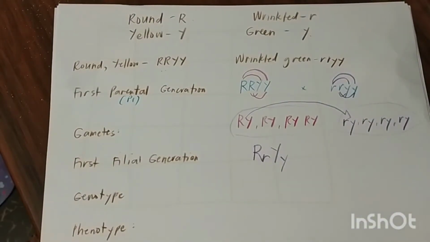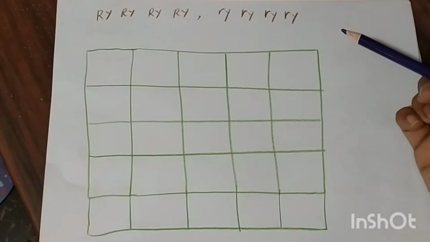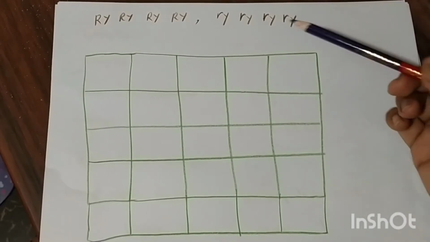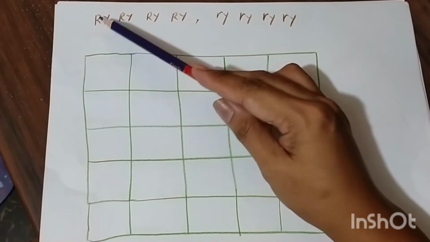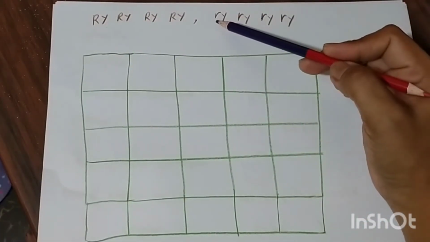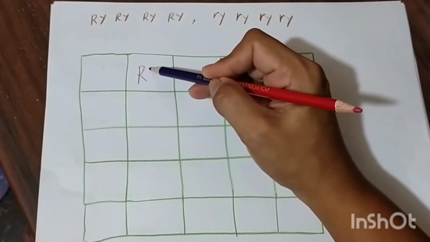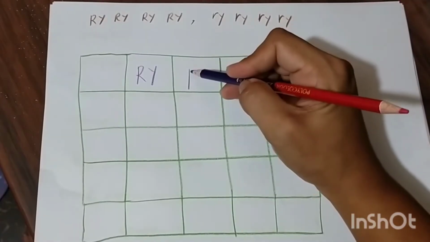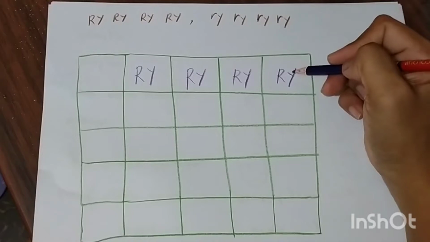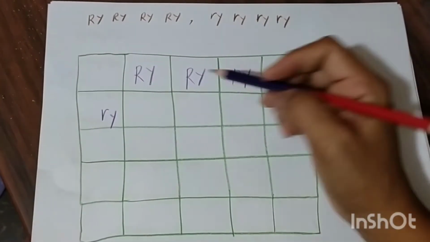So let's get into details by using the Punnett square. Remember that the gametes of the round yellow seeded plant are capital letter R and capital letter Y, while for the wrinkled green you have small letter r and y. So we will write it on the upper part, while for the wrinkled green, we have small letters r, y.